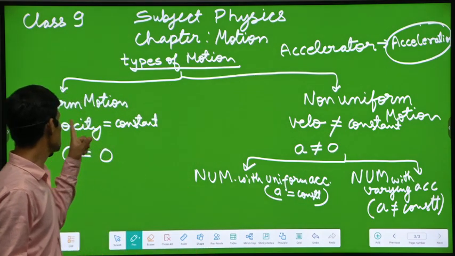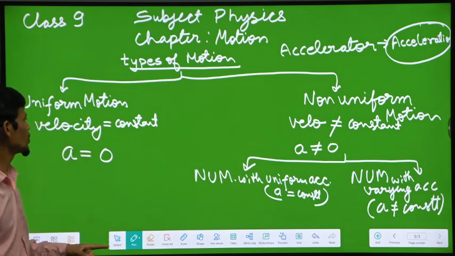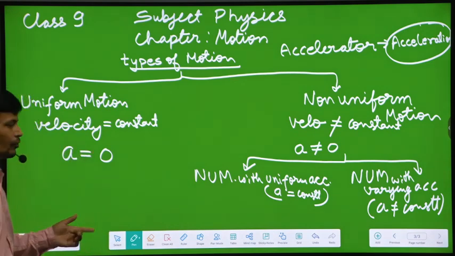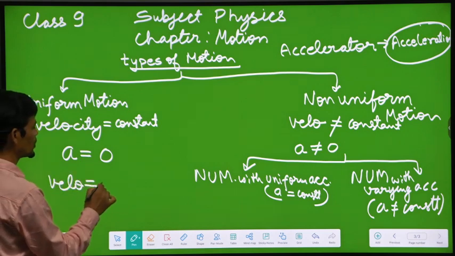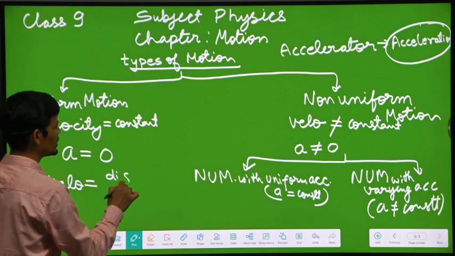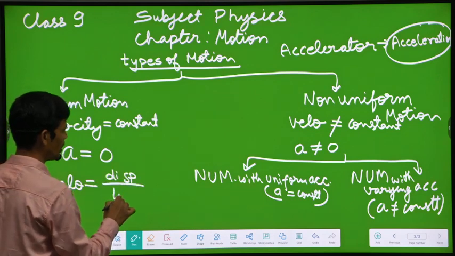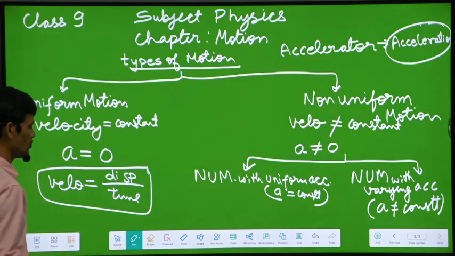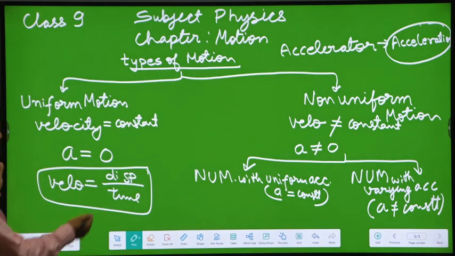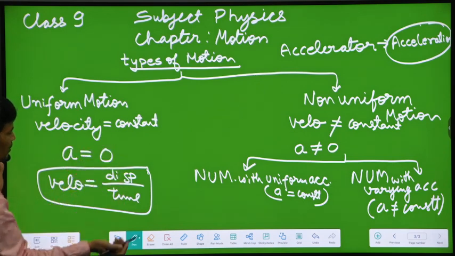For uniform motion, we use this formula: velocity equal to displacement upon time, and that's all. Nothing else we require. Maybe for displacement we'll cross multiply, for time we will further cross multiply.